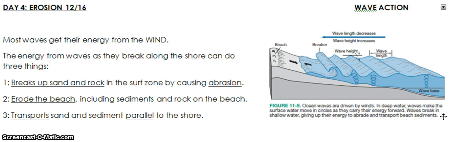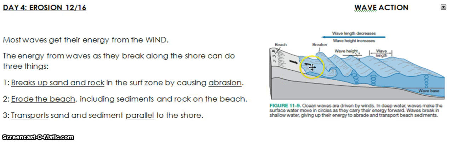So speaking of energy, where do waves get their energy from? That would be from the wind. So we always think about the prevailing winds and how that's going to give those waves their energy. The energy moves from waves as they break along the shore and can do three things.